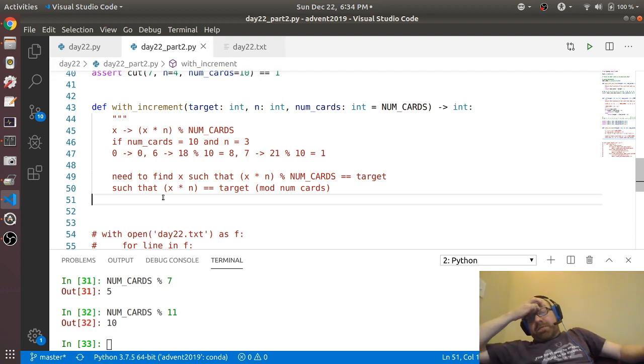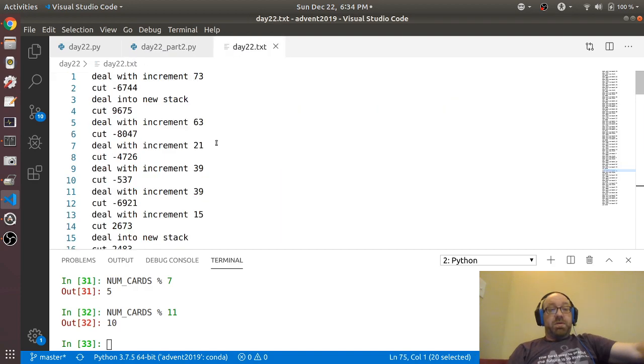So in other words, to get from 1 back to 7, I need to know the multiplicative inverse of each of those things.